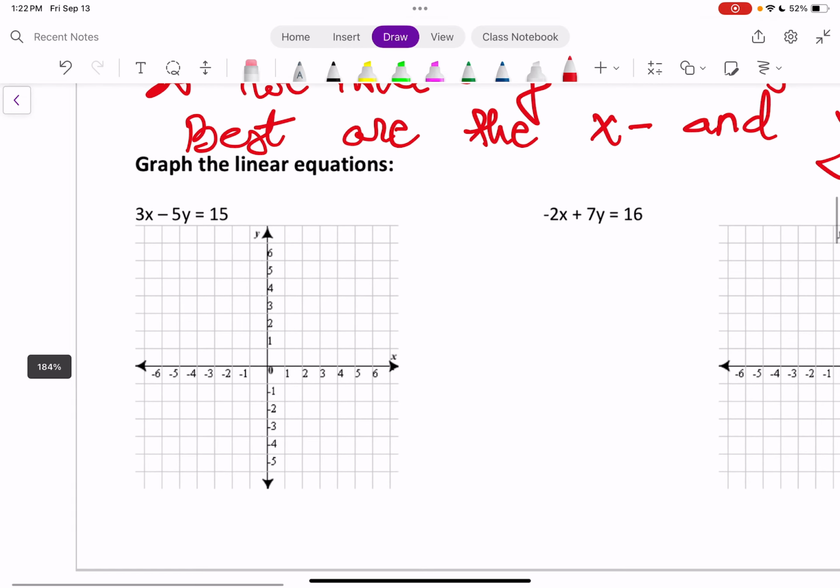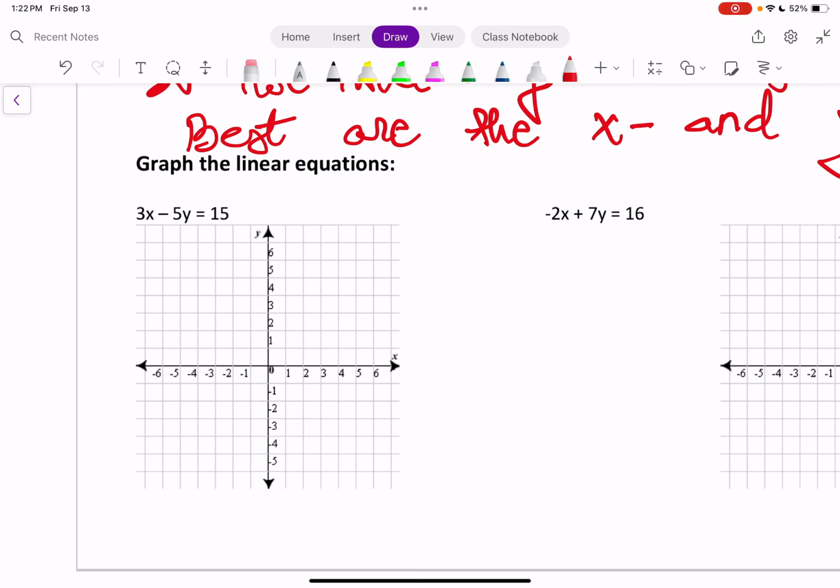Here it is. Graph the linear equations in 2 variables. So I said the best thing for me to do would be to find the intercepts. So pick a value for x, find the y to it. Okay, so pick zeros.